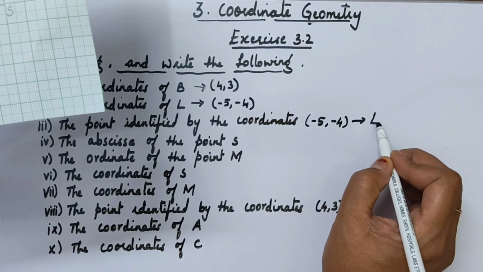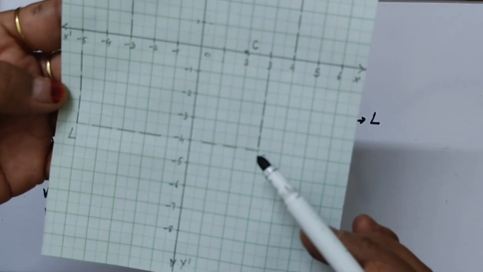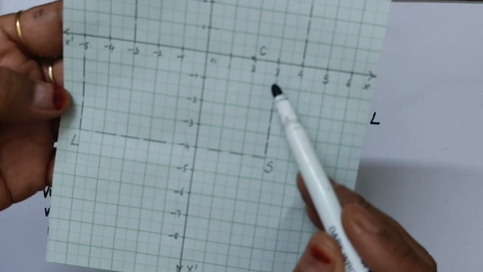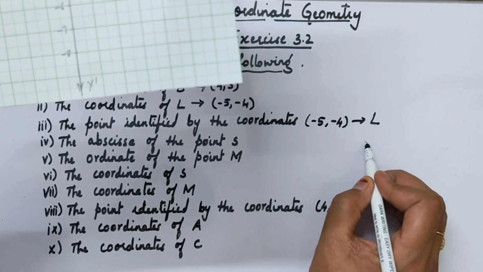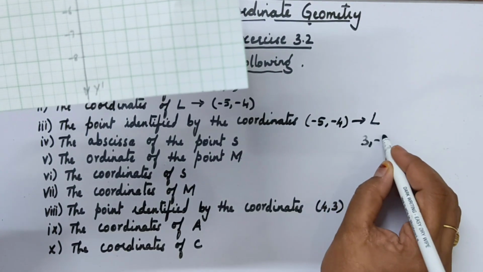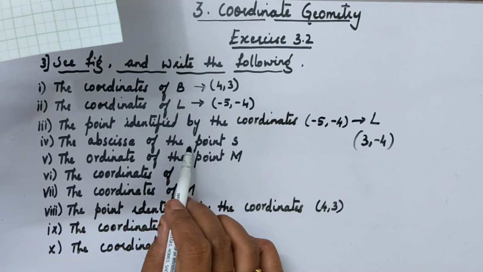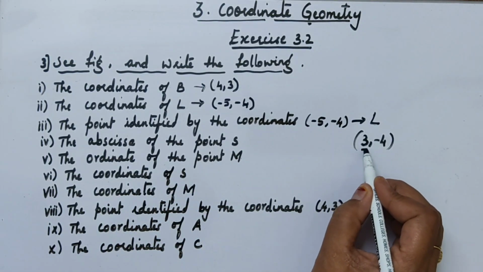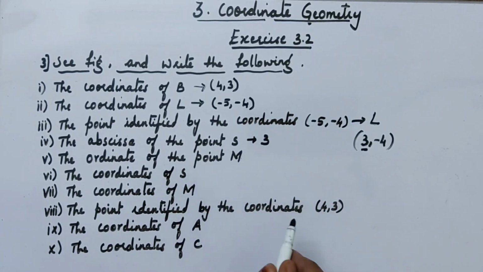The abscissa of the point S. Abscissa means x-axis. The coordinates are 3, minus 4. So the abscissa of the point S is the x-axis value, that is 3.